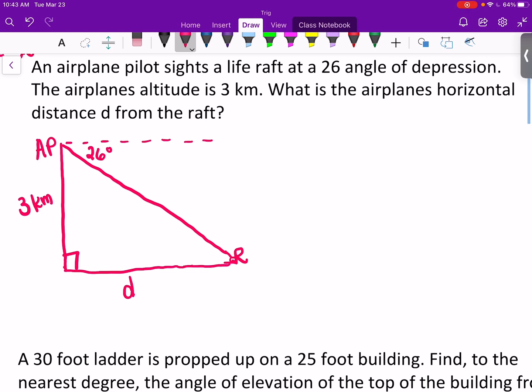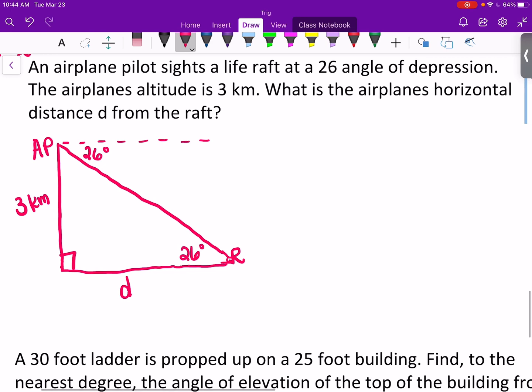We don't know anything about our interior angles of our triangle besides the 90-degree angle yet, but we do know that our angle of depression is 26 degrees. And since our angle of depression and our angle of elevation from the raft to the airplane are alternate interior, I know that this angle also has to be 26 degrees.